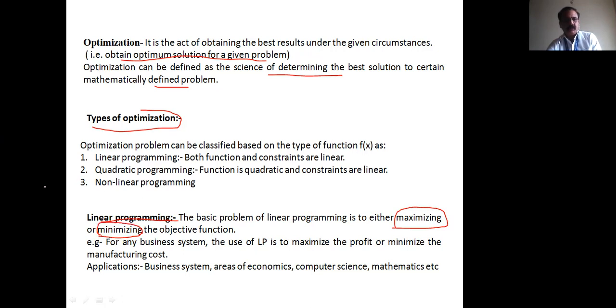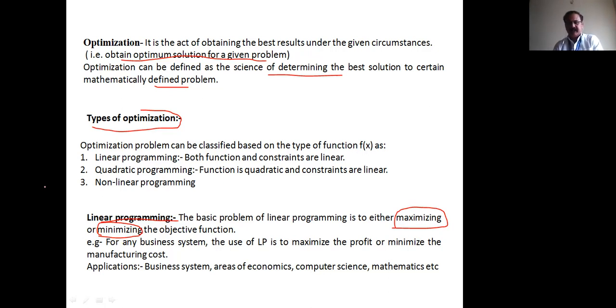This is important. So we can say that linear programming can be used for solving the problems which are having either maximizing or minimizing the objective function.